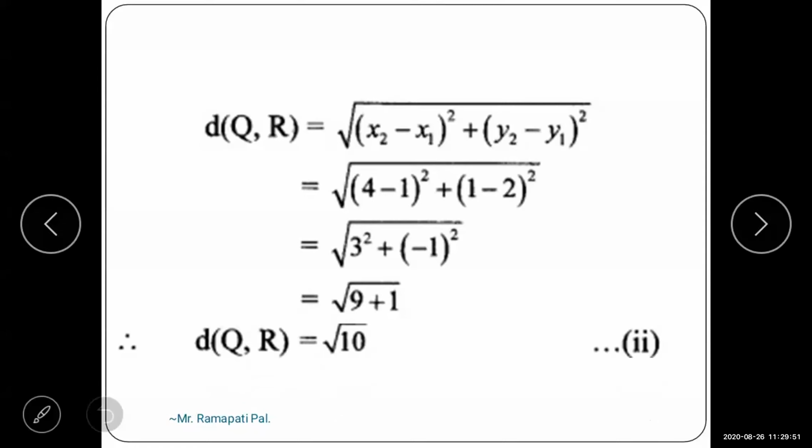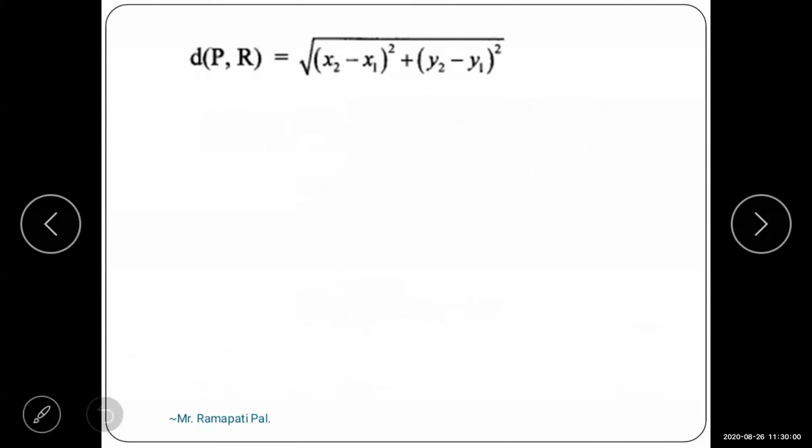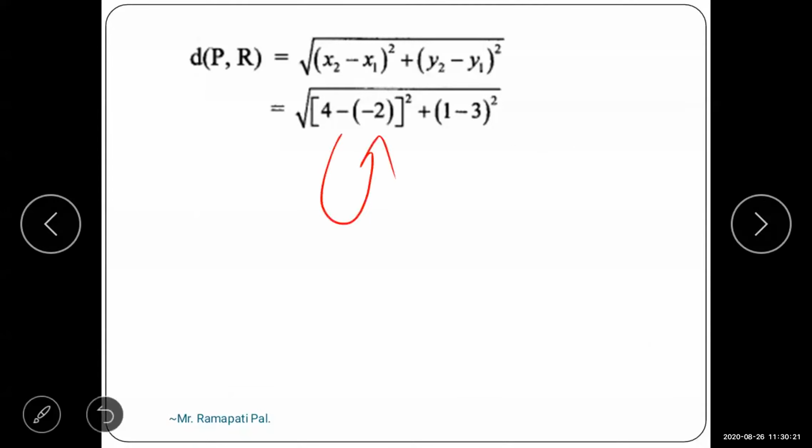Now come to question number 3. Let's solve distance PR. Root of (x2 minus x1) whole square plus (y2 minus y1) whole square. You have to write the formula again and again. Then root of (4 minus 2) whole square plus (1 minus 3) square. Again here minus becomes plus.